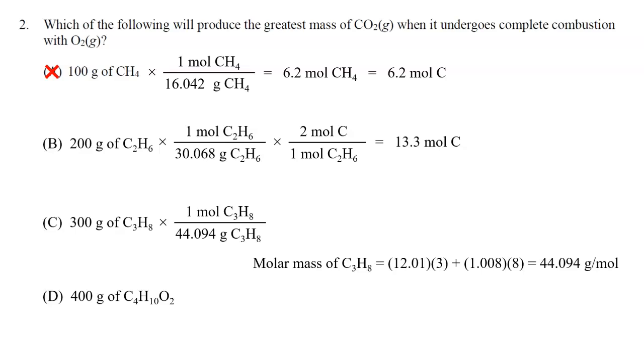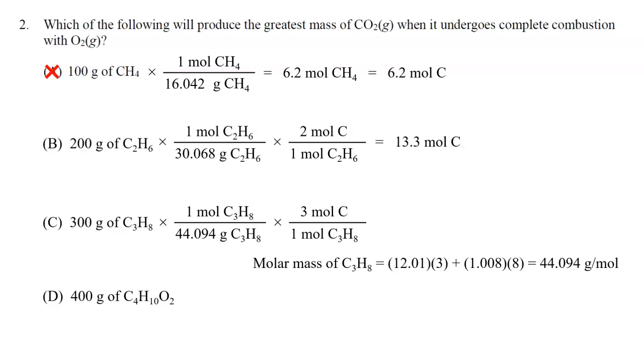And after I convert from grams to moles, again, I have to recognize that there is a subscript of 3 in the chemical formula for C3H8. That means that there are 3 moles of carbon atoms for every 1 mole of C3H8.